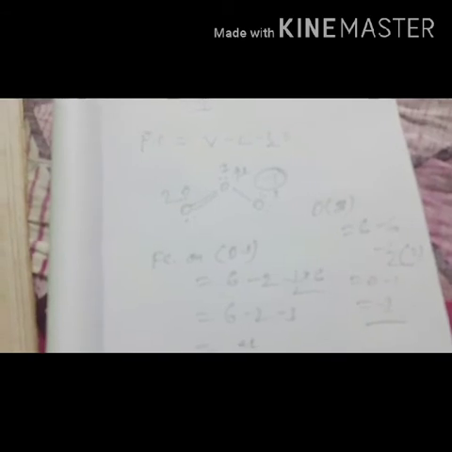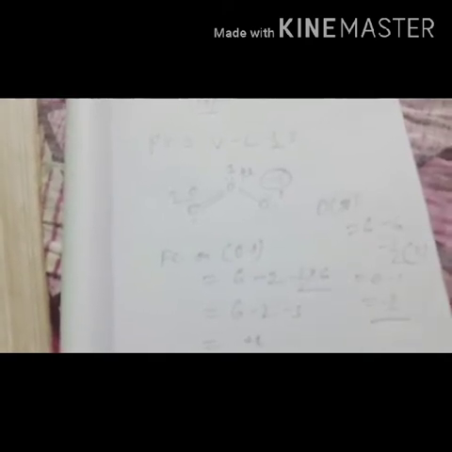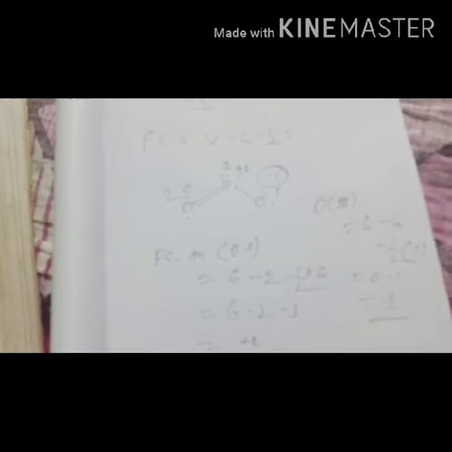So what is the significance? The formal charge helps in the selection of the lowest energy structure from a number of possible Lewis structures for a given molecule or ion. In general, the lowest energy structure is the one which has the lowest formal charges on the atoms.